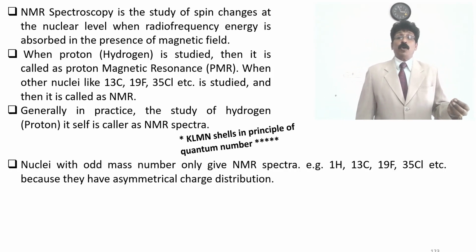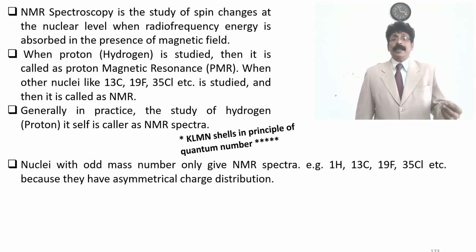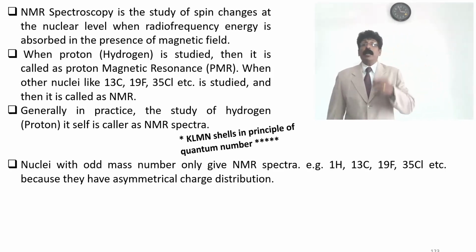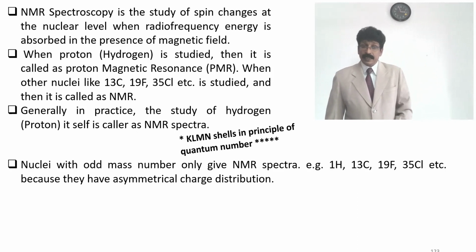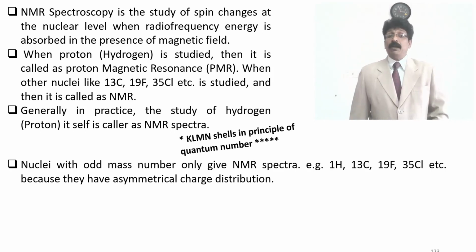Nuclei with odd mass numbers only give NMR spectra: 1 hydrogen, 13 carbon, 19 fluorine, 35 chlorine.